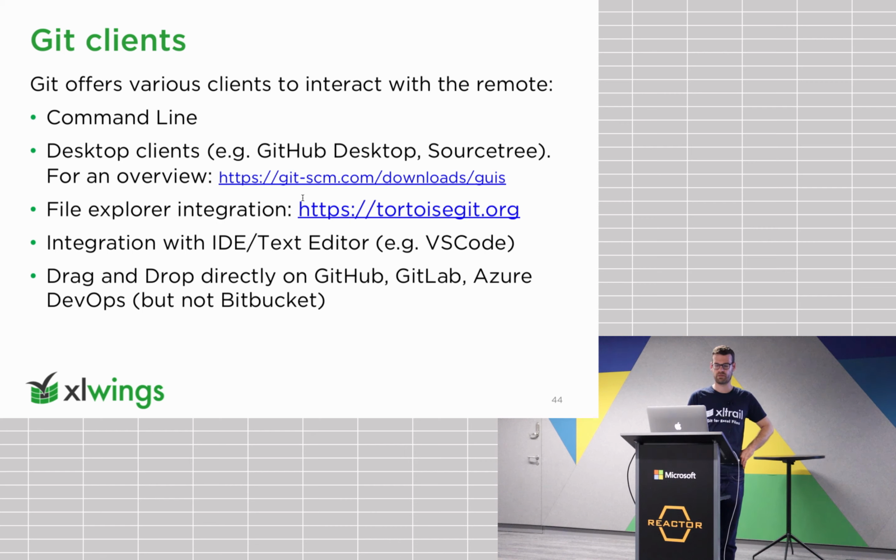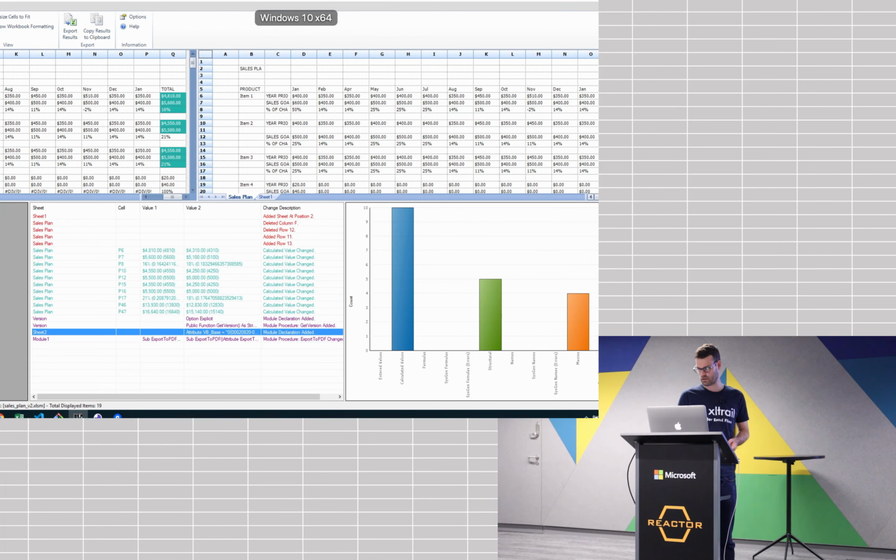Then you have the File Explorer integration. Many of you may have used Tortoise for SVN, and there is a version that does the same for Git. That's another option that people like to use. I believe I do have it installed here.